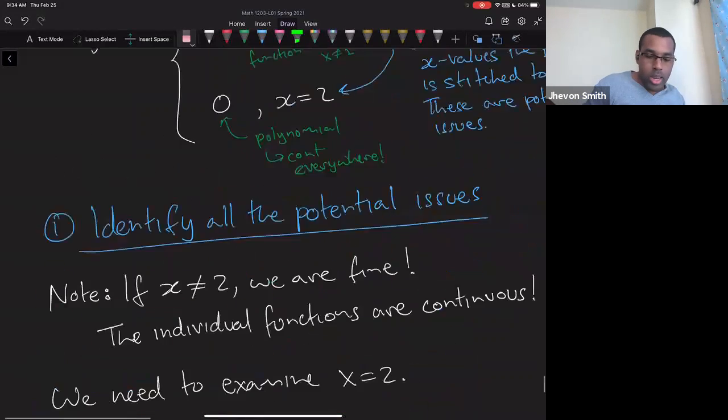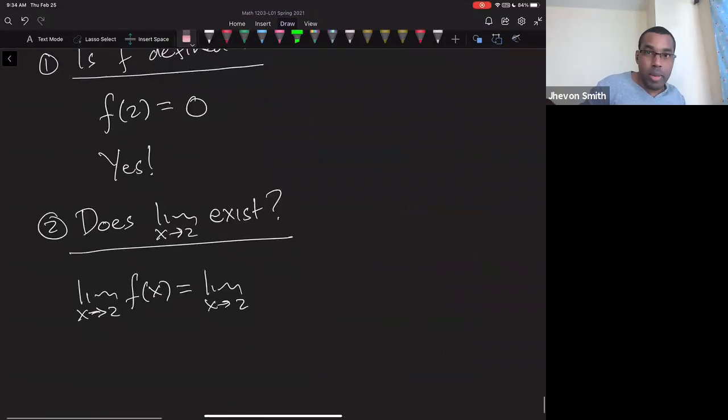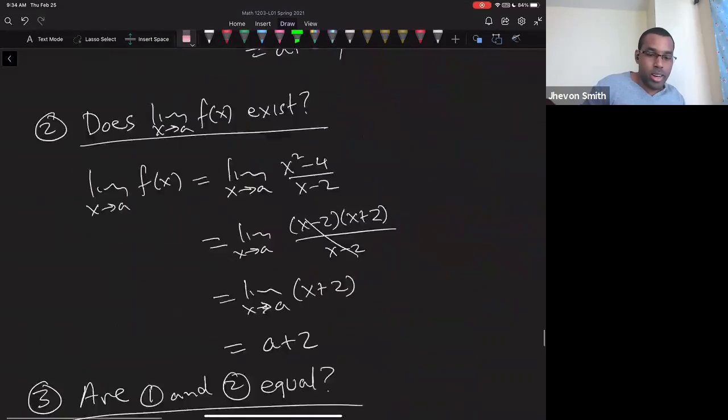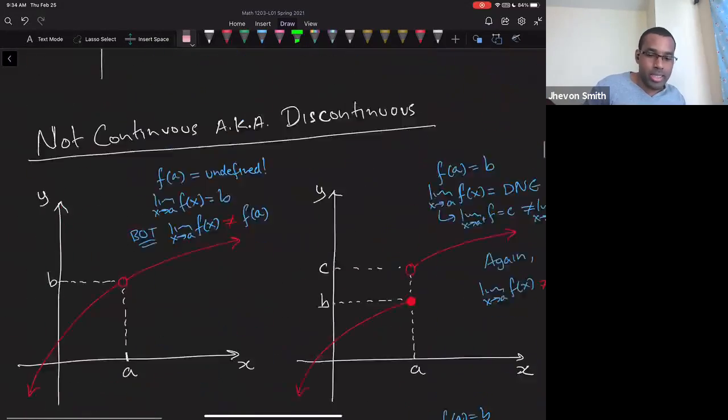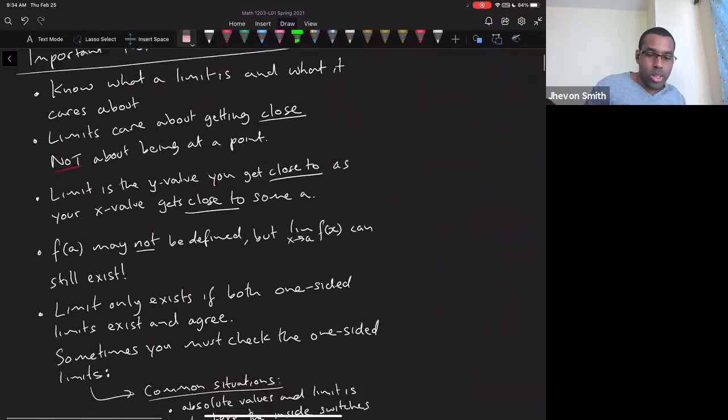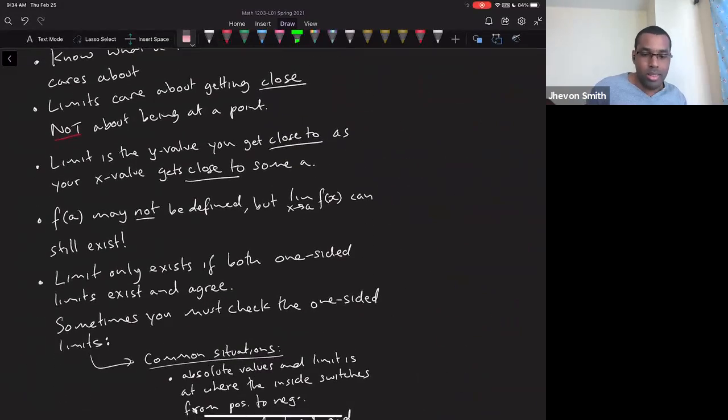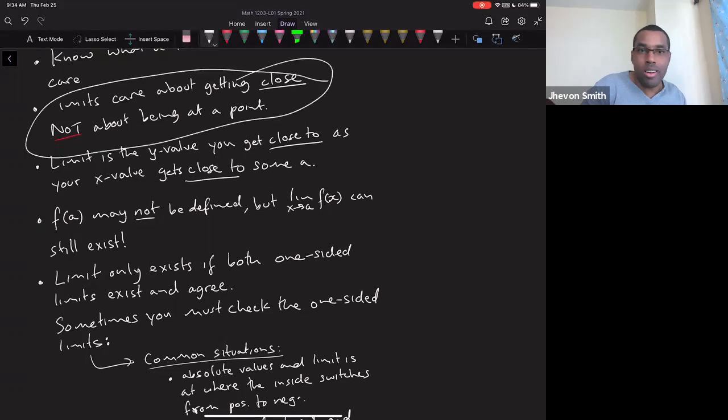Well, we are taking a limit. And remember, we reminded ourselves at the very beginning of class, what do limits think about being at the point? They don't care. At the point, it's getting close. Limits do not care about being at the point, right?